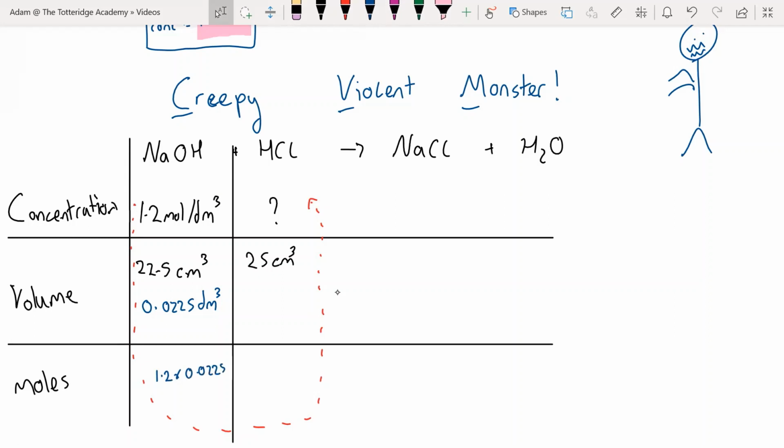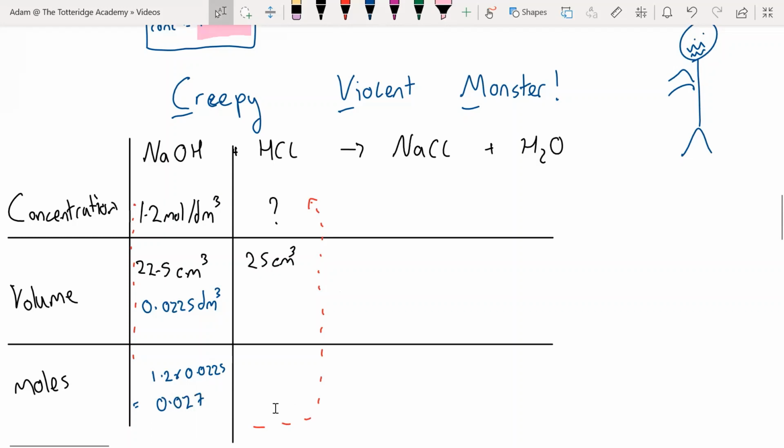I plug that into my trusty calculator. I'm going to get rid of all this red now. Oh dear, what's happened? Rubbed off too much. What was it? It was 1.2. I plug that into my calculator, and that gives me 0.027.